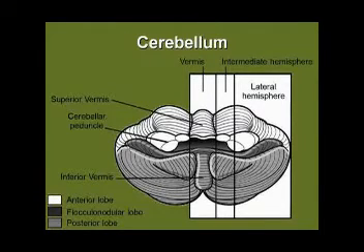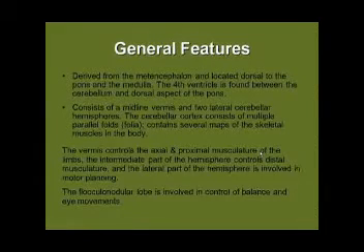Finally, spanning both part of a hemisphere and part of the vermis is a flocculonodular lobe that you can see sweeps across and has components in both sections. Functionally, the localization of the cerebellum is important, as is its embryonic origin.